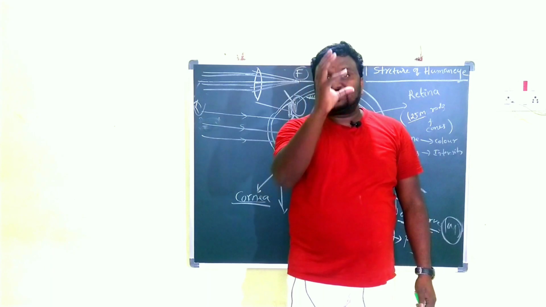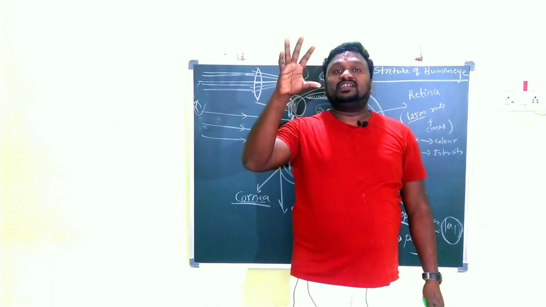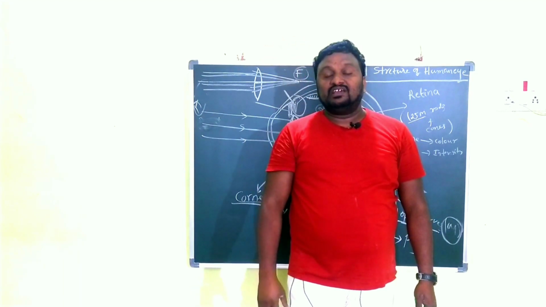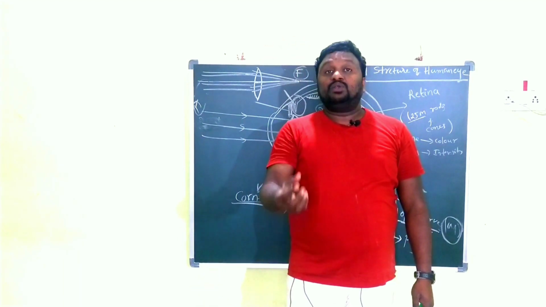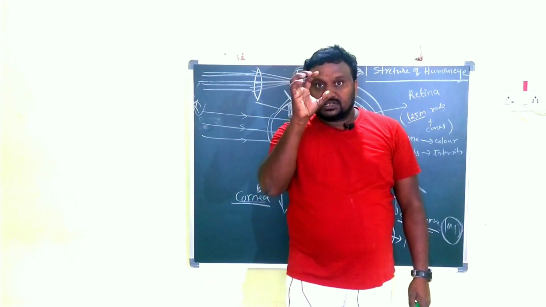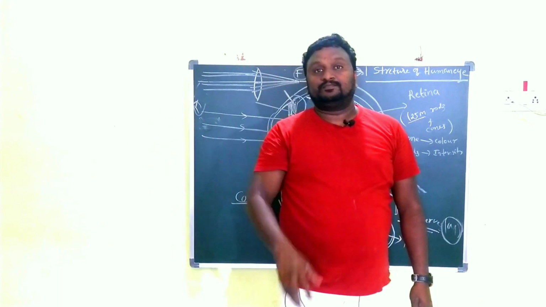When the object is at a long distance, these ciliary muscles are extended and very relaxed. And when the object is very near to the eye, they contract and they can strain.